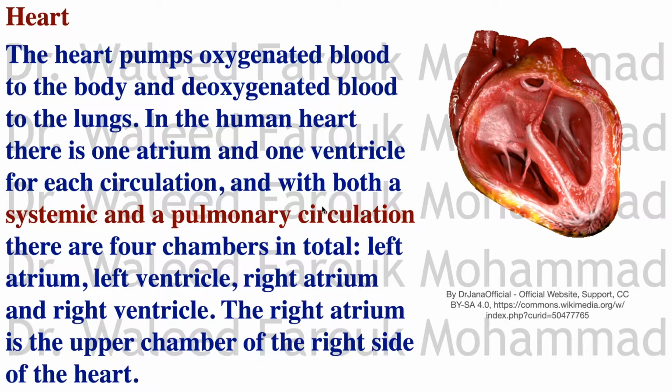So that's a total of four chambers: left atrium, left ventricle, right atrium, and right ventricle. The left atrium and left ventricle are responsible for the systemic circulation. The right atrium and right ventricle are responsible for pulmonary circulation.